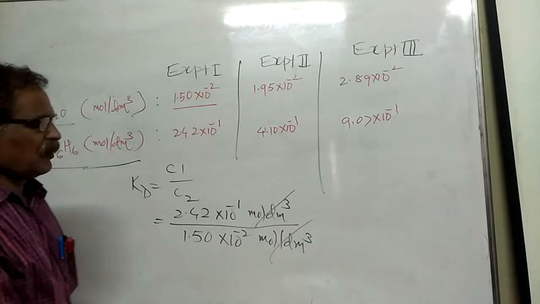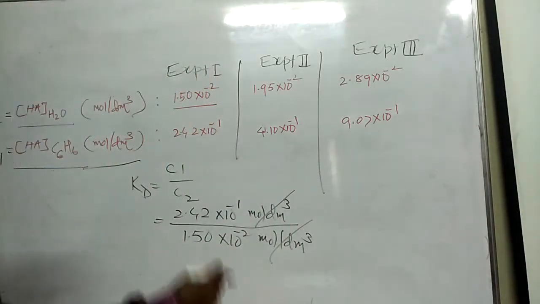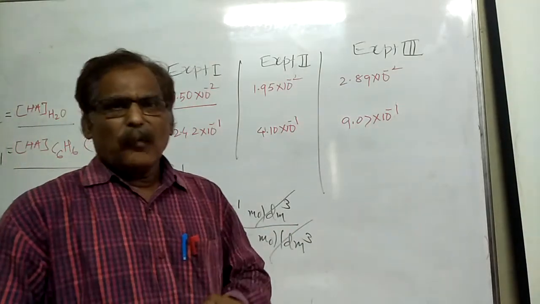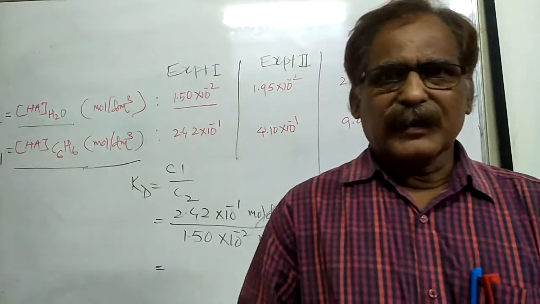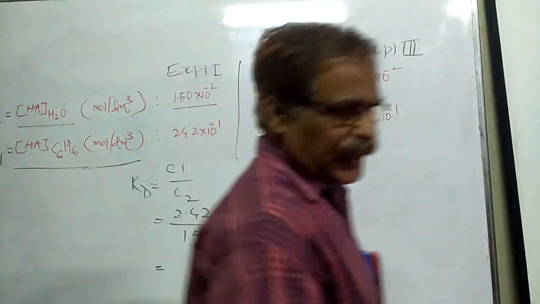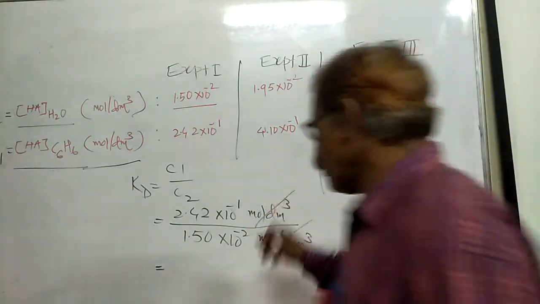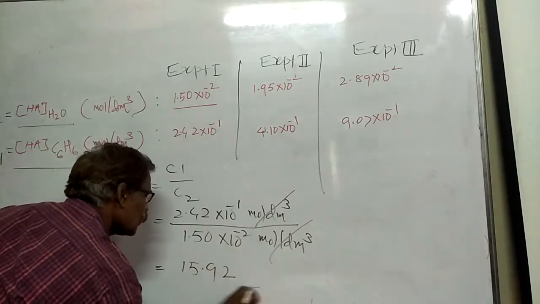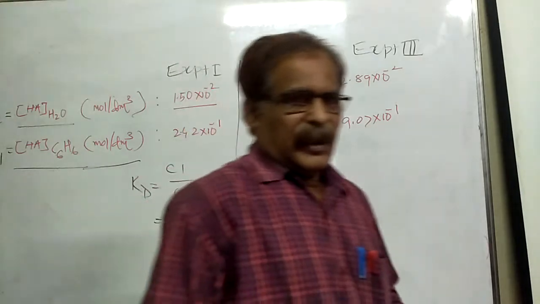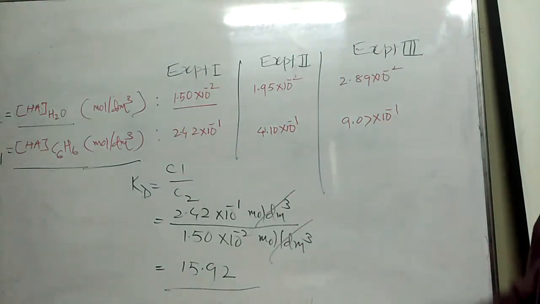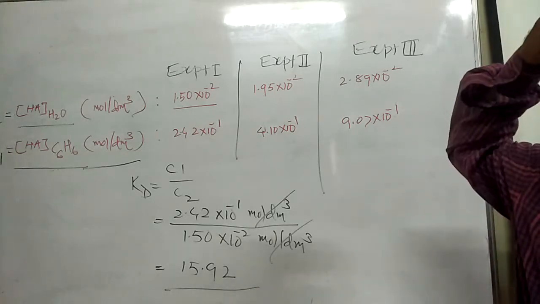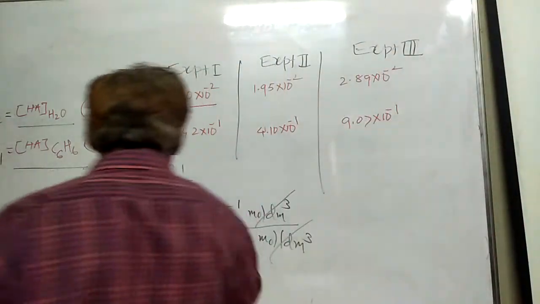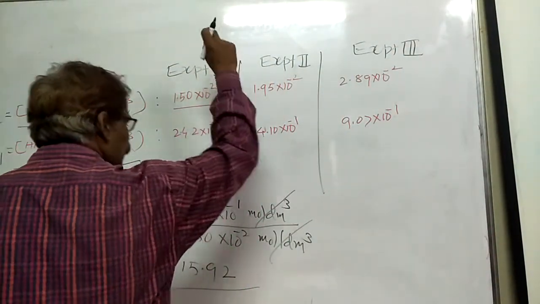Moles per dm cube cancels, and we get the partition coefficient of organic acid HA between benzene and water as 15.92. In this way, we have calculated the partition coefficient in experiment number 1.